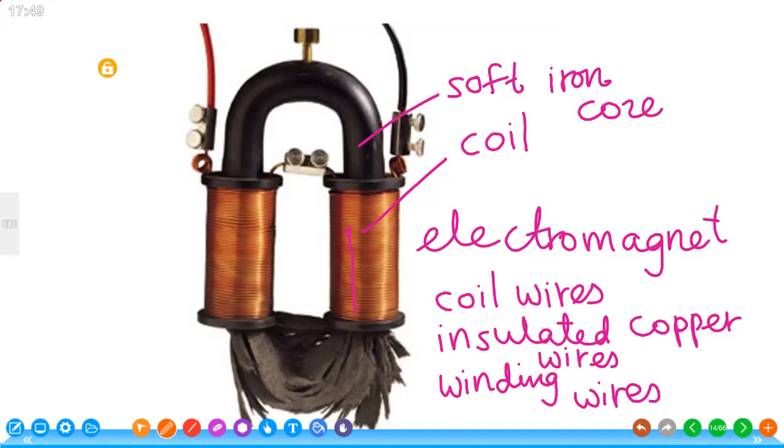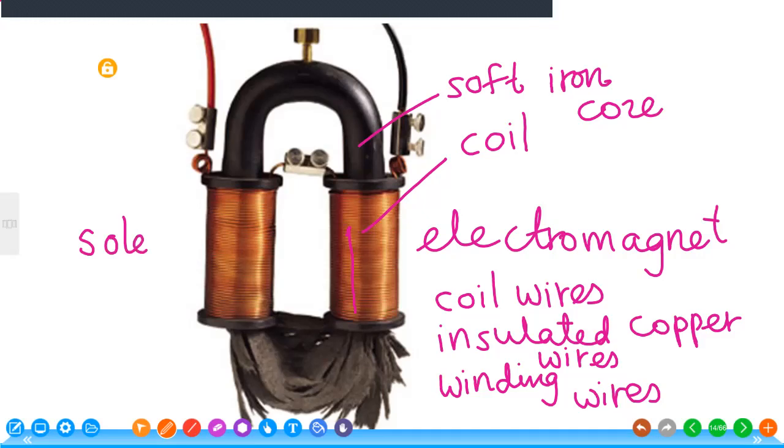Then you should know that in order to have a very strong electromagnet, you can make several modifications. One is by increasing the number of turns of the coil. For the coil, sometimes we use a word called solenoid also.